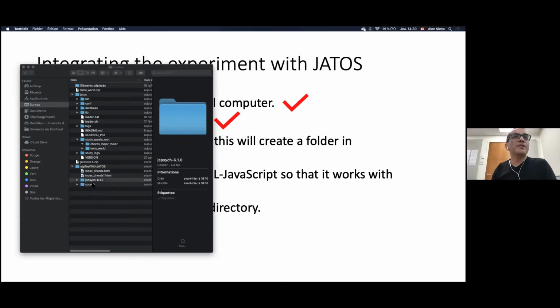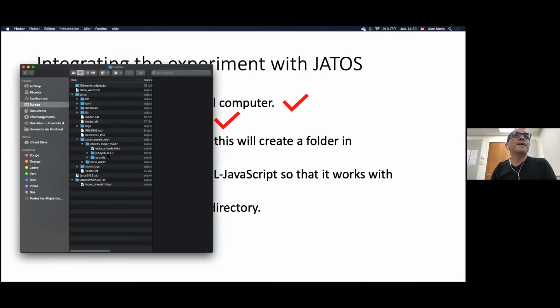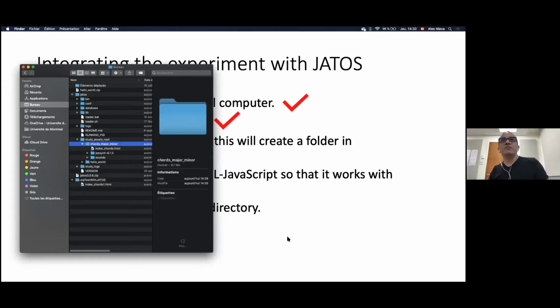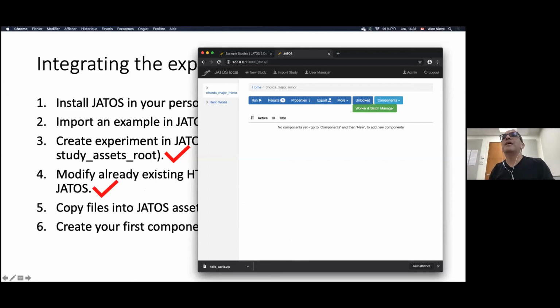I'm going to copy these, and copy that into my chords, major, minor. So copy files into the assets directory, and then we have to create the first component. That part is important. I'm going to go back to here, and components.